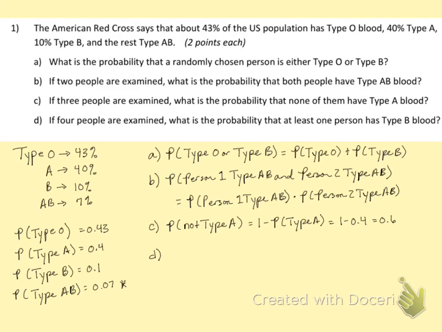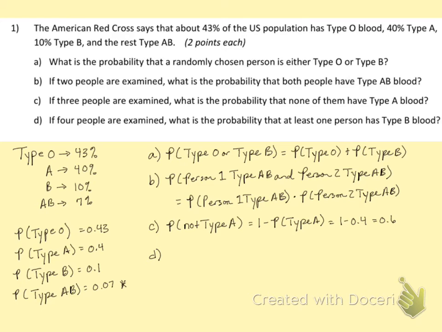Now I could go through each one of those scenarios, but it's a lot easier to say that there's only one scenario left, and that's that nobody has type B blood, which means that the probability that at least one person has type B blood is the complement to the probability that none of these 4 people have type B blood.